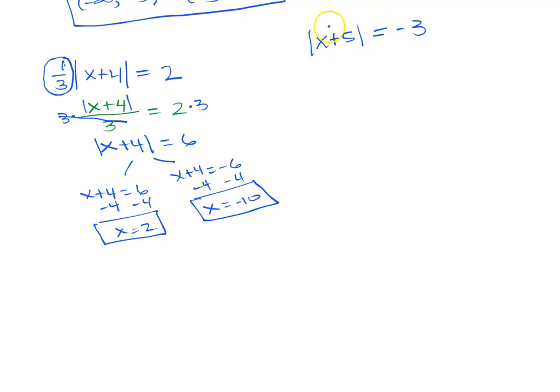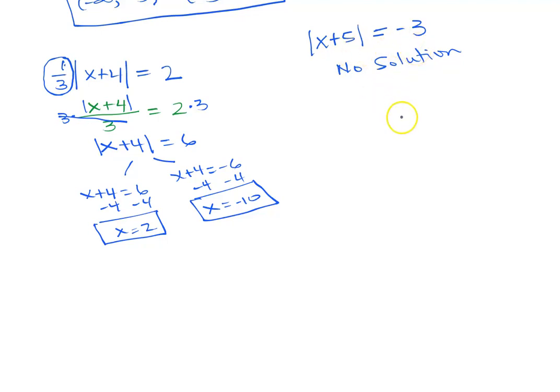Well, when we take the absolute value of a number, we always get a positive answer. So in this case, there's not a way that we can ever end up with a negative number, right? And so if you have an absolute value equal a negative number, that will always be a no solution.